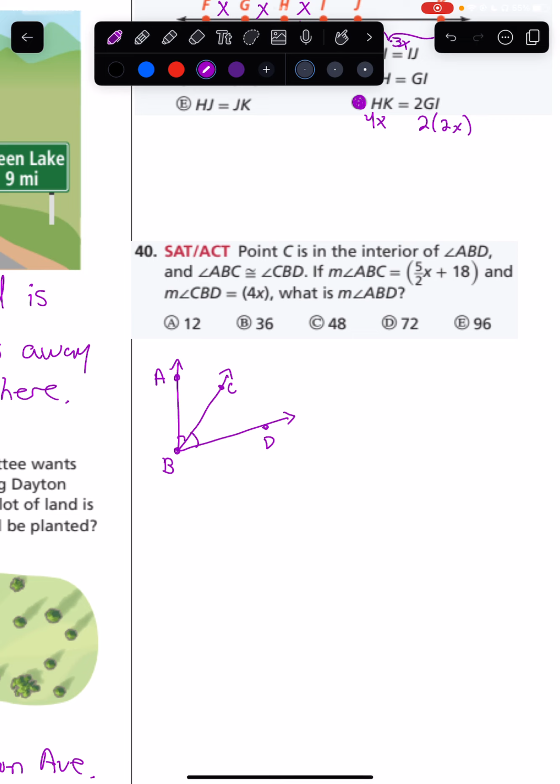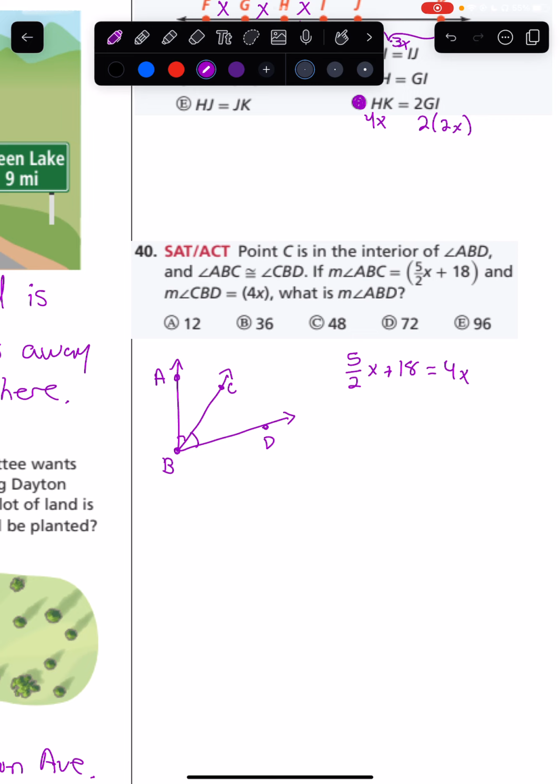If the measure of angle ABC is 5/2 x plus 18, and CBD is 4x, and we know that they're the same length, then we can solve this problem by setting them equal to one another. So 5/2 x plus 18 is going to be equal to 4x. And then we can go ahead and solve this problem. I'm not going to deal with the fractions.